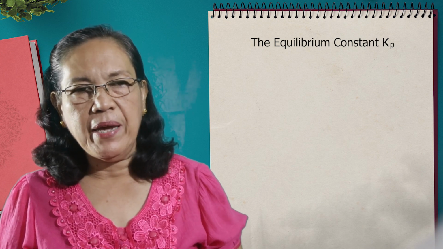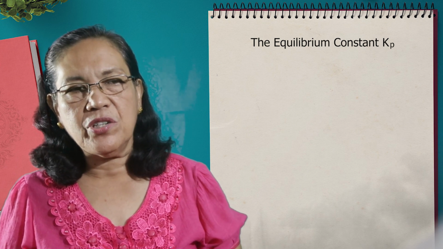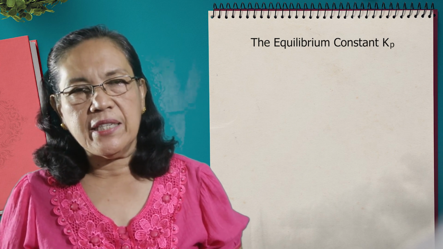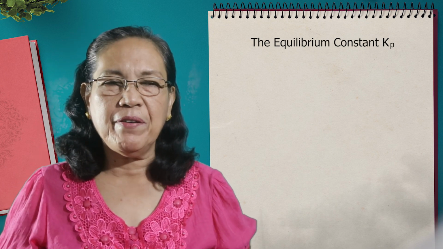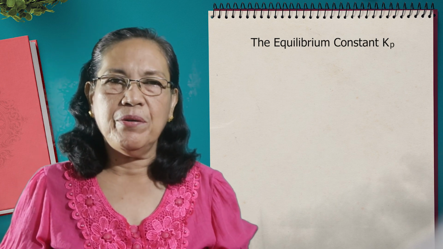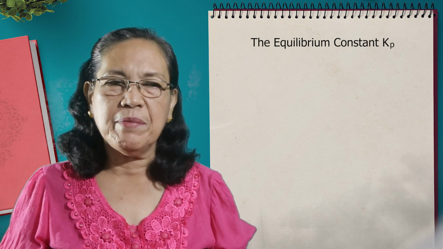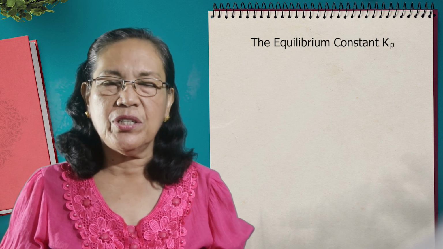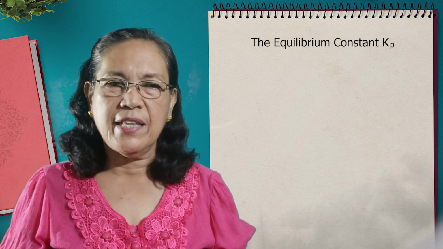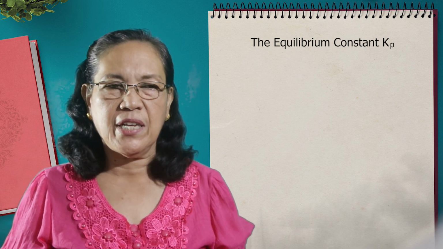Repeat, the water dissociation constant, given the symbol Kw. At 25 degrees centigrade, Kw equals 1 times 10 to the negative 14, equals the concentration of the hydrogen ion times the concentration of the hydroxyl ion.